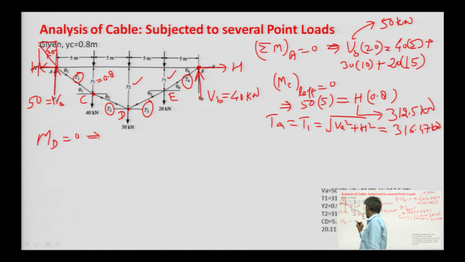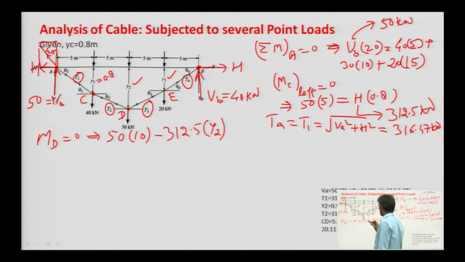For the left part, we have 50 into the perpendicular distance 10, minus H, whose value is known, 312.5, into the perpendicular distance y2, and another force is 40, so minus 40 into the total distance 5, equals 0.